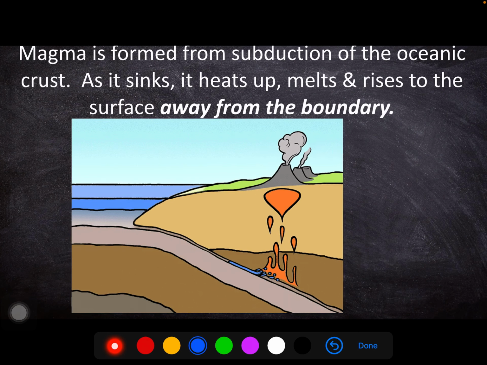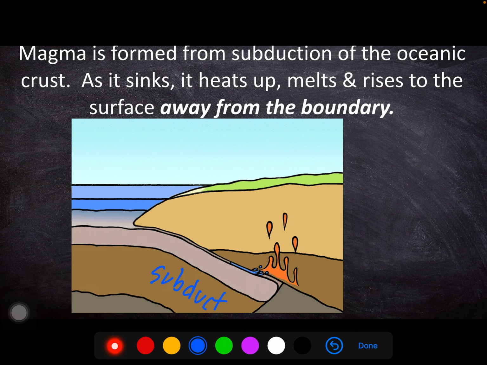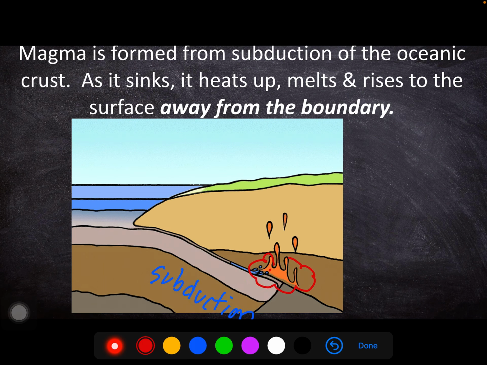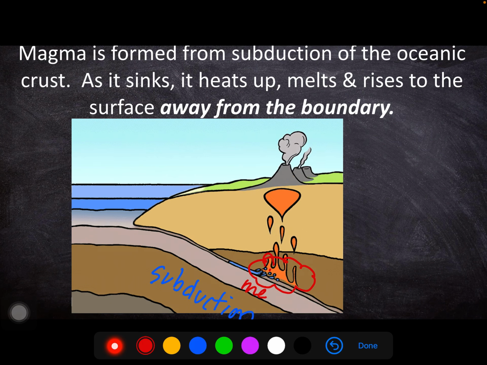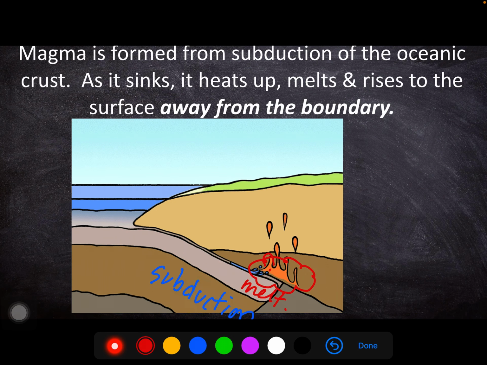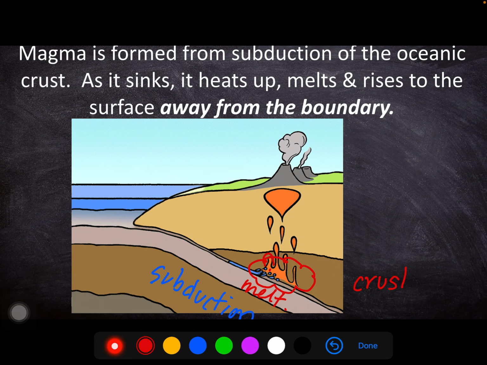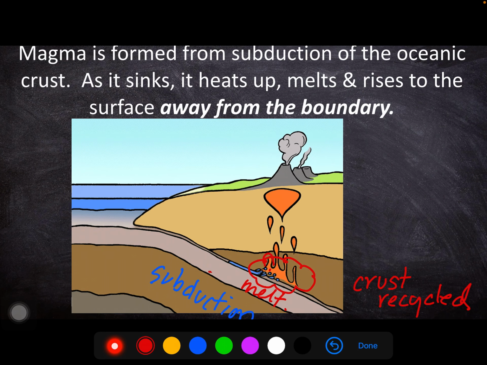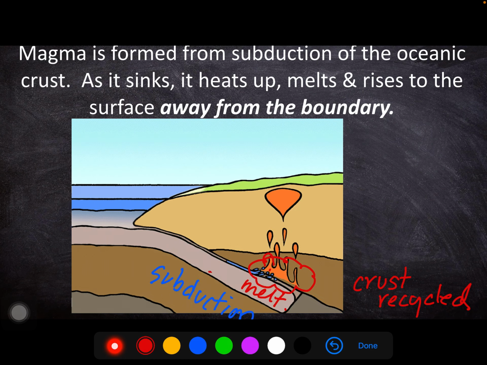As this plate is being pulled down or subducted into the mantle, we know that in the mantle, the temperature rises. And so you can see here in this graphic, the magma being created by the melting of this tectonic plate. This is where we call crust destroyed or recycled, because it's solid rock being melted back into magma or lava, whatever it began as.